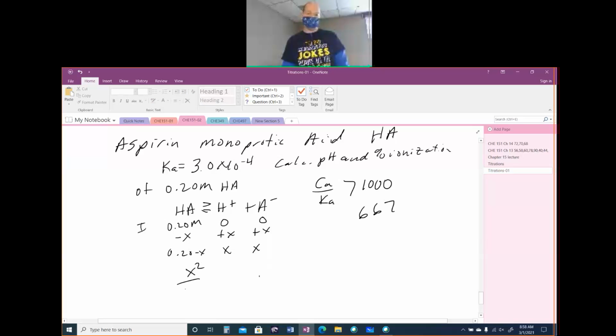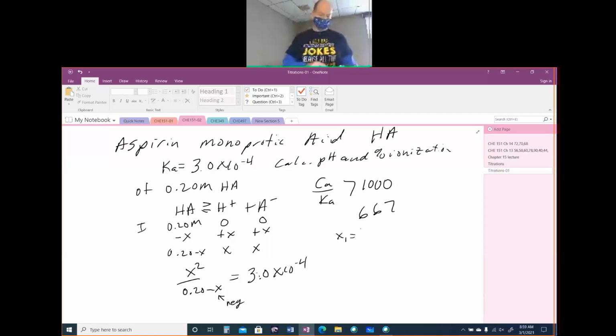All right, so I always choose successive approximations. So x squared over 0.20 minus x is equal to 3.0 times 10 to the minus 4. So I neglect my x, and I'll get my x1 value. So 3 times 10 to the negative 4, times 0.2, and then the square root of that, and you get 0.0077. So that's as large as the number can be.